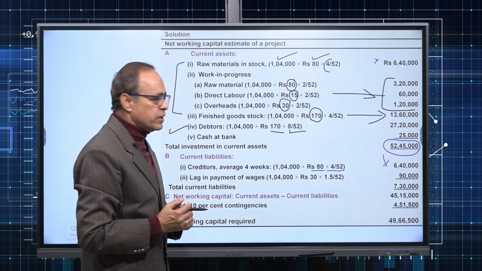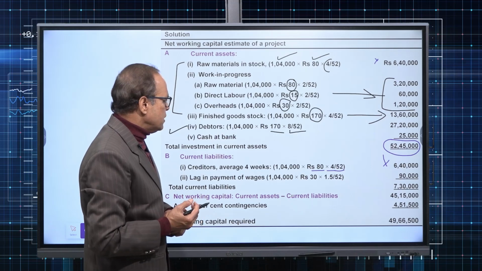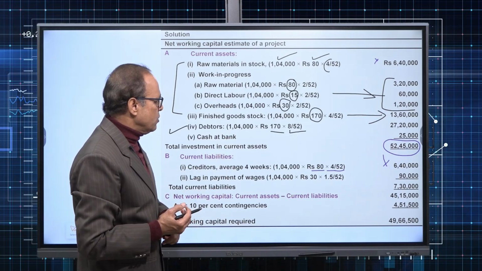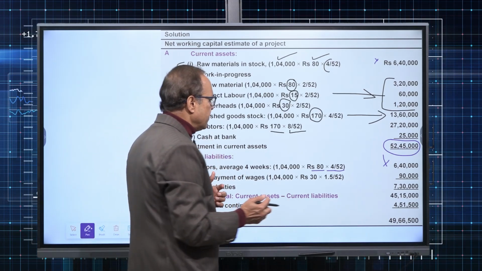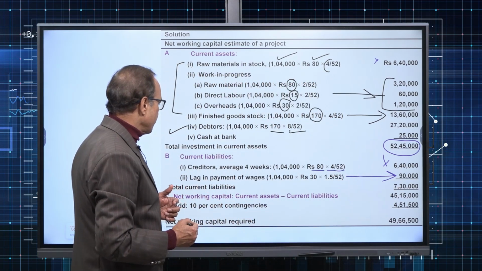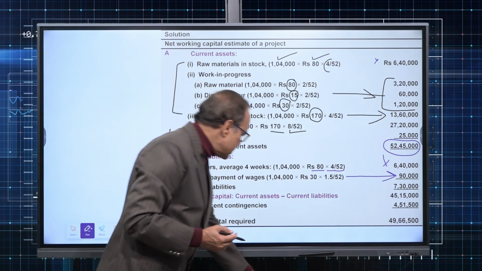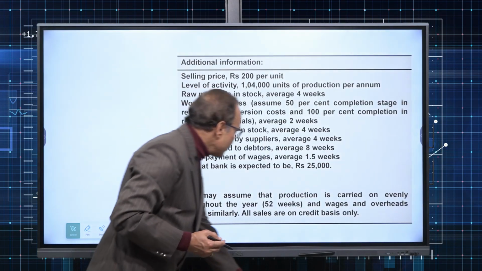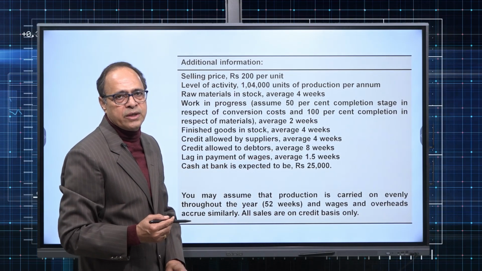Then lag in payment of wages, 1.5 week was given and wages was 30 rupees per unit. So we have average financing, outstanding wages is there because it is a lag. So average financing from delayed payment of wages is 90,000. So these two were there only. You can precisely see what were the holding periods. Just let me take you back to the previous slide. So you can see lag in payment of wages 1.5 weeks.